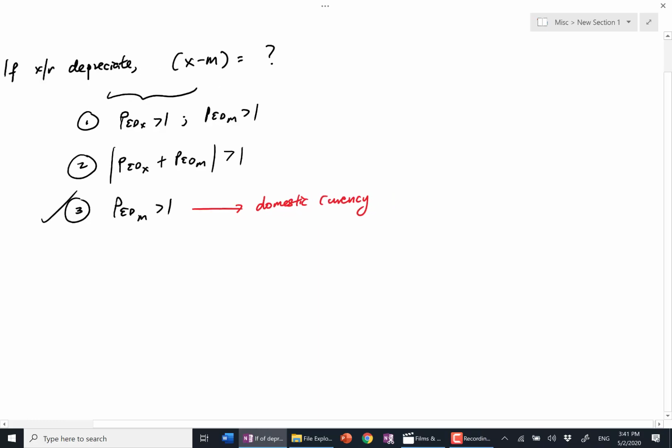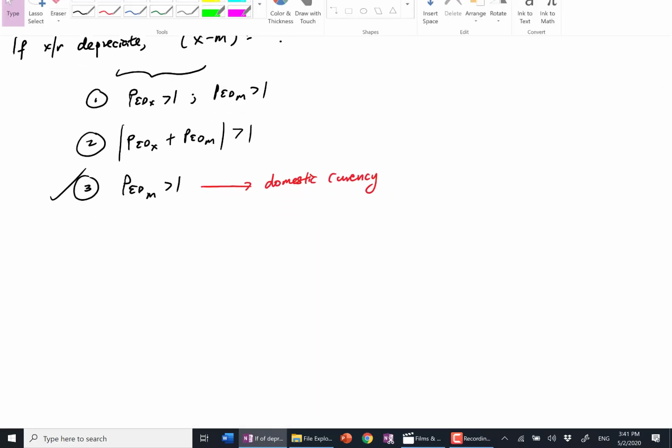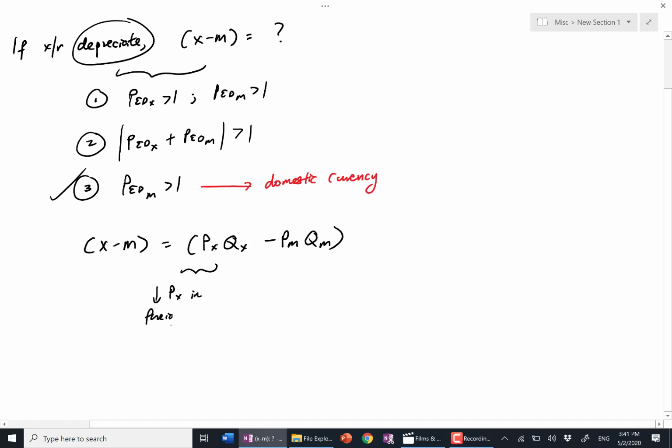Let me explain how this works. If I weaken the currency, I have X minus M, and it's not quantity here. It's PX QX minus PM QM, so we are looking at export revenue minus import spending. If the currency depreciates, we see a fall in the price of exports in foreign currencies.